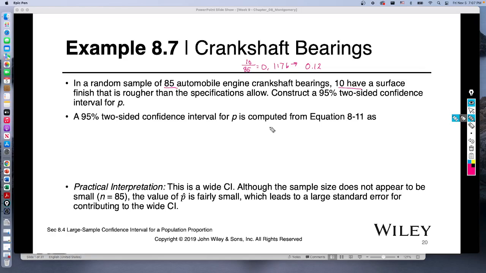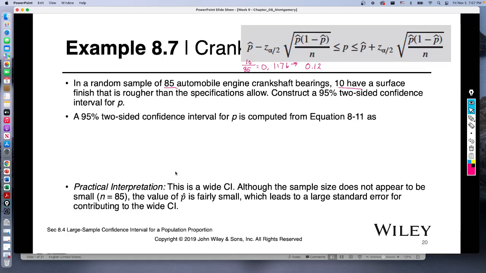So what was our formula? There it is, that's why I had that. Okay, so there's our formula. We're going to take our p hat, which is 12%, minus z of alpha over 2, and again for 95% that should be 1.96, right?